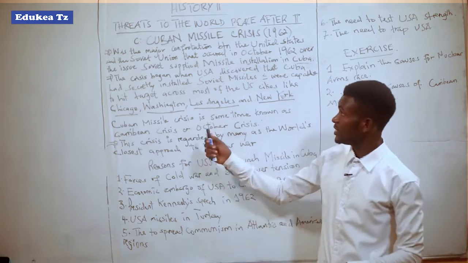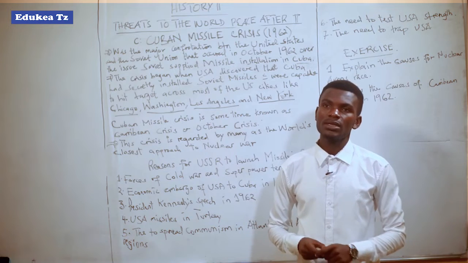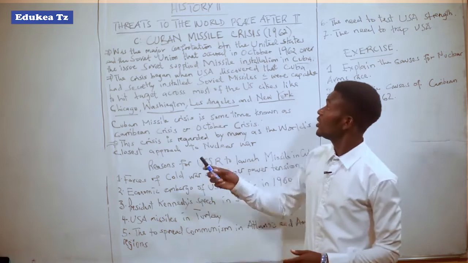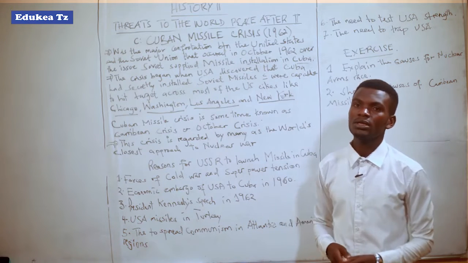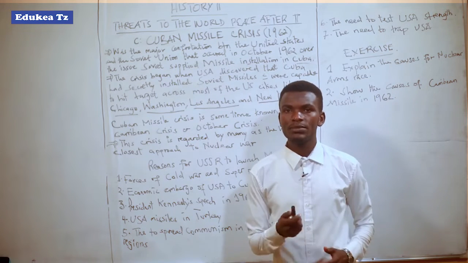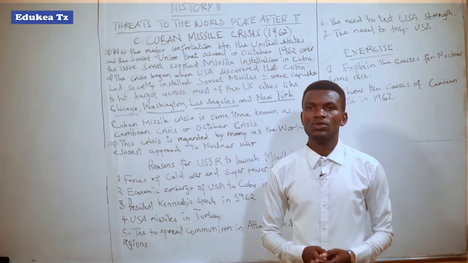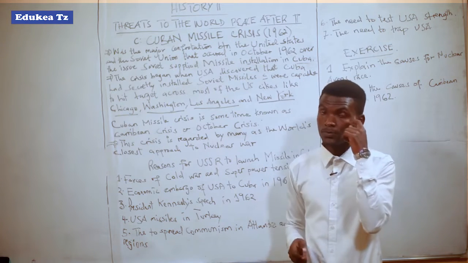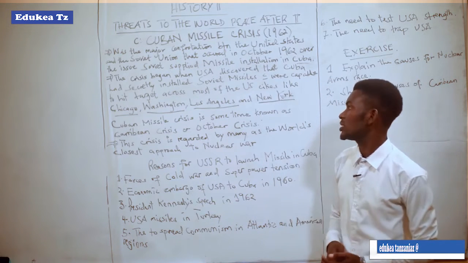It means that this crisis began when the USA discovered that Cuba had installed the Soviet missiles targeting important cities in USA, which were Chicago, Los Angeles, Washington, and New York City.